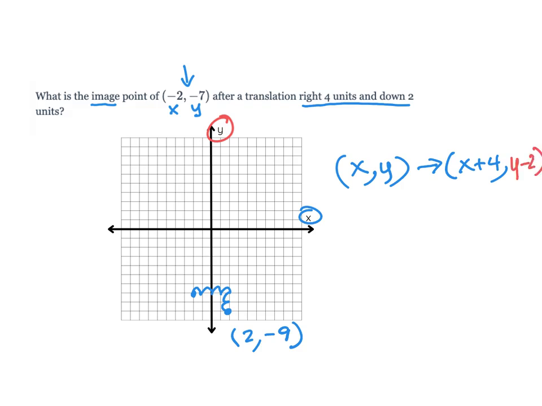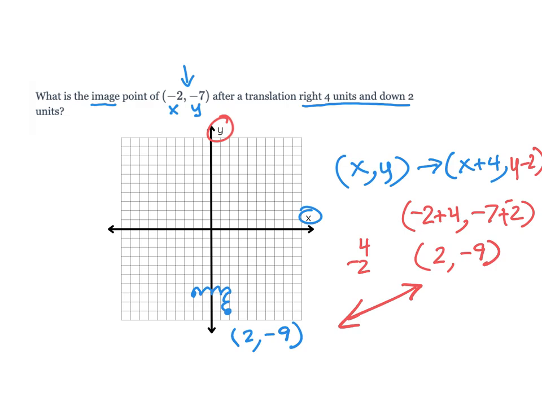So if we didn't have the graph paper, what we would have is -2 plus 4 for our rule, and -7 minus 2 for our rule. -2 plus 4, we know we're doing 4 minus 2 and getting 2. And this second one really says -7 plus -2. Subtracting is the same as adding the opposite. -7 plus -2 is -9. That's exactly what we got with our drawing.